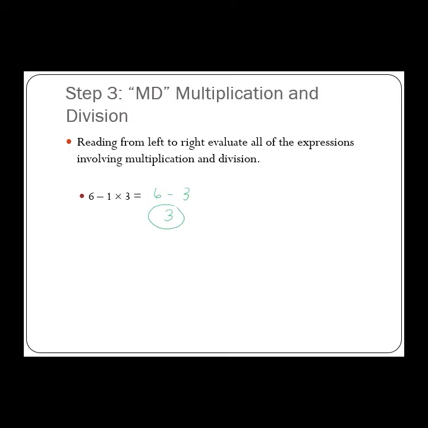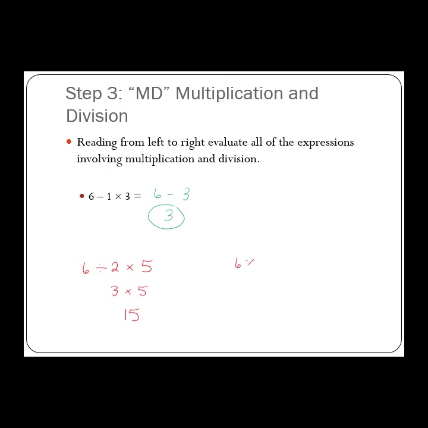But just so you can see what I mean, if I have 6 divided by 2 times 5, the rules say you're going to do the division and the multiplication as you work from left to right. So I'm going to do 6 divided by 2, which is 3, and then 3 times 5 is 15.